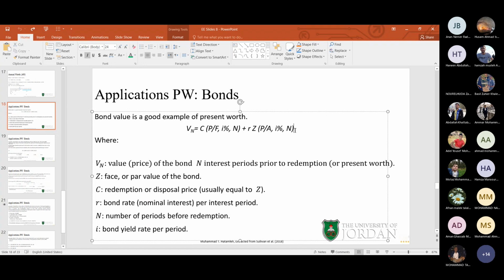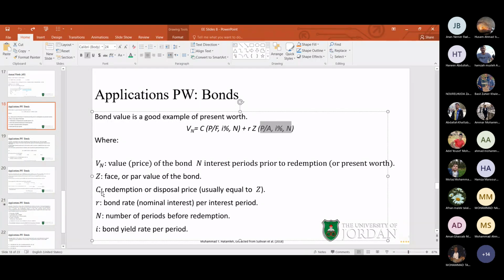Now I want you all to understand this equation or this formula. Basically what we're doing is an application of the present worth. So I'm calculating a present value, and so we see the values that I'm going to extract from the annuity tables. It's all going to give me a present value. As we can see, VLN is the value or the price of the bond.